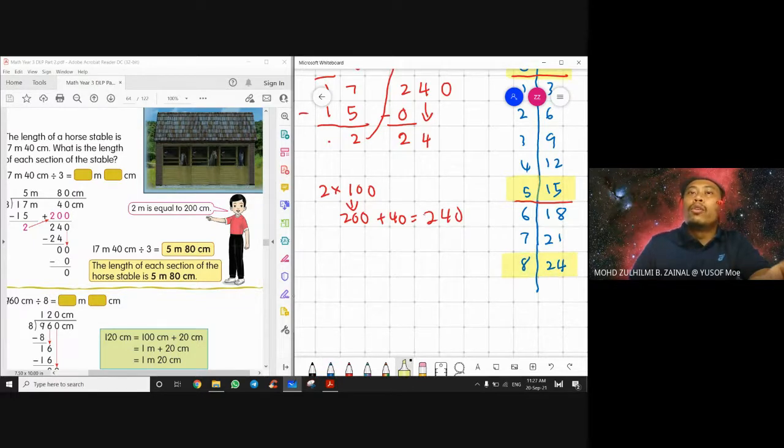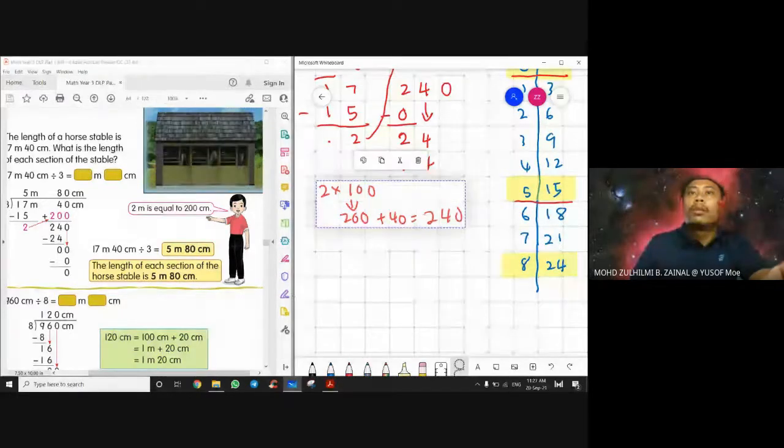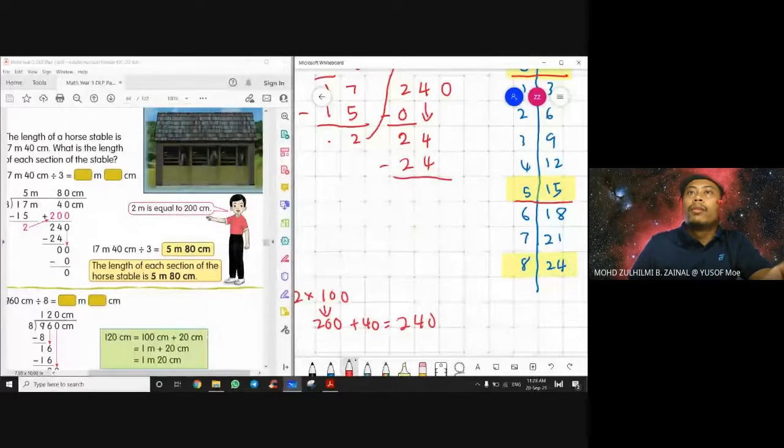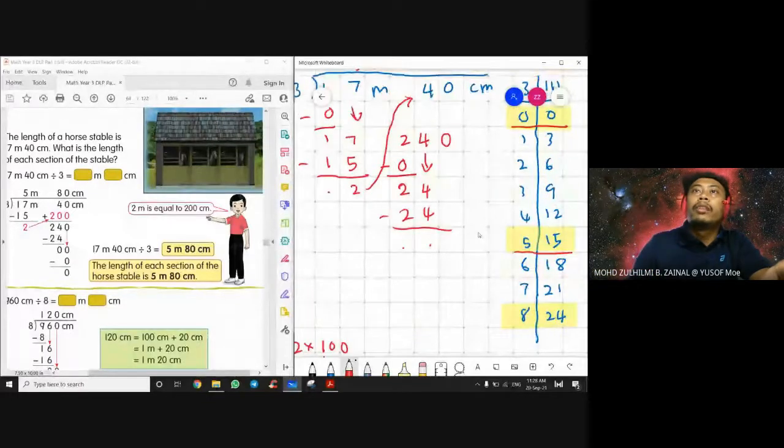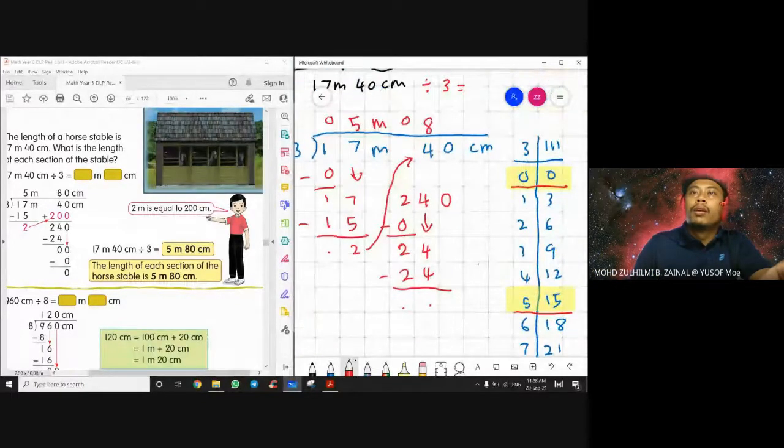So 24, you bring down 24. 24 minus 24 equals 0. The value for 24 is 8. We write it back here, 8. So you bring 0 down here. 0, 0, 0. Bring down 0 equals 0.